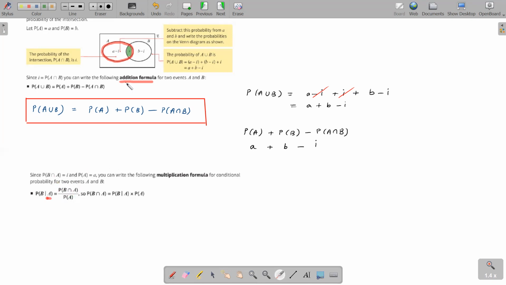You can see that probability is the intersection, B intersection A, or you can even write A intersection B. So the probability of B given A is the probability of B intersection A, the green part, over the probability of A, right? These are rules that we used earlier.